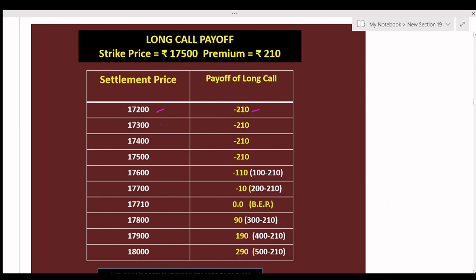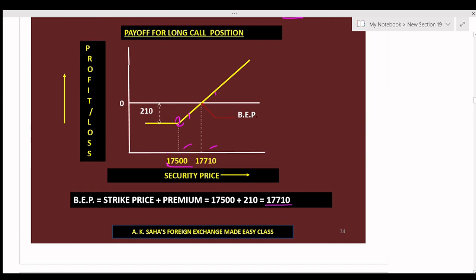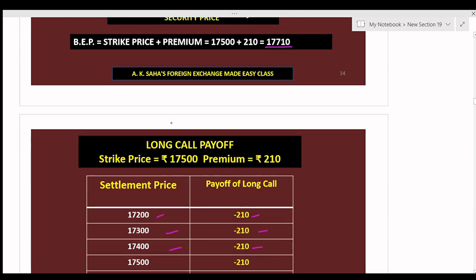And if it is 17,300, also 210 will be lost. At 17,400, it will be a loss of 210. That is this portion. In the diagram, you will see that it is a constant 210. You will not exercise if the spot price decreases.